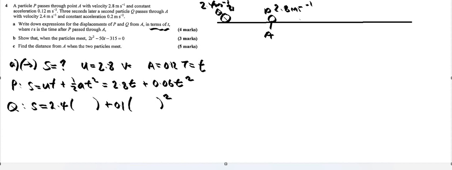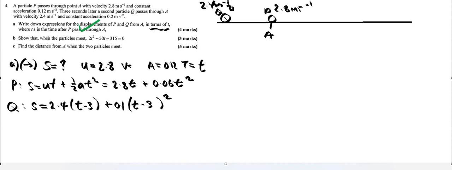So any point afterwards, it will be 3 seconds behind P. So we have to say t minus 3. So the elapsed time, the amount of time that's passed, is 3 seconds less for Q.